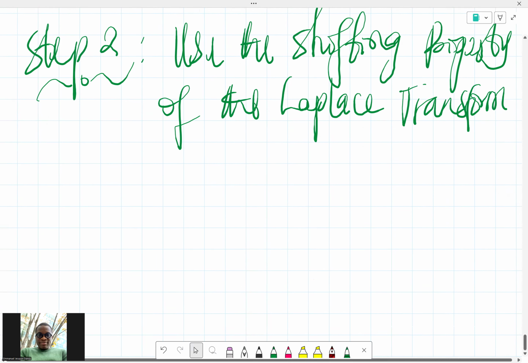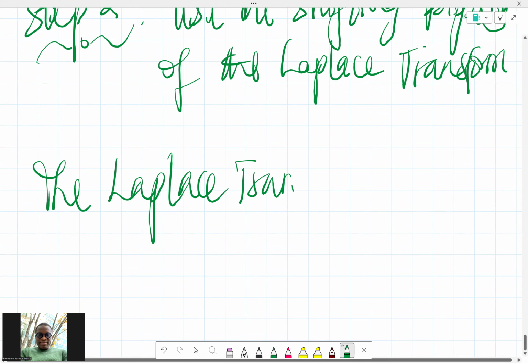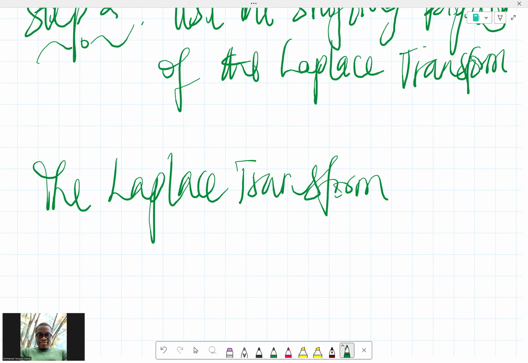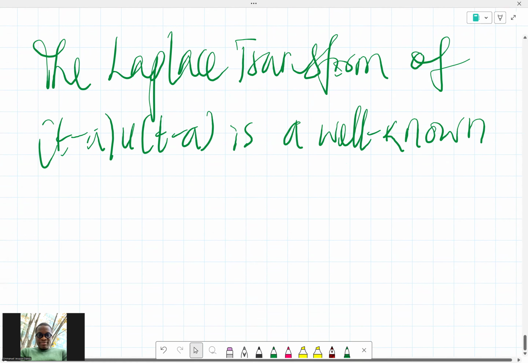So use the shifting property. We know that the Laplace transform of t minus a into u of t minus a is a well-known result.